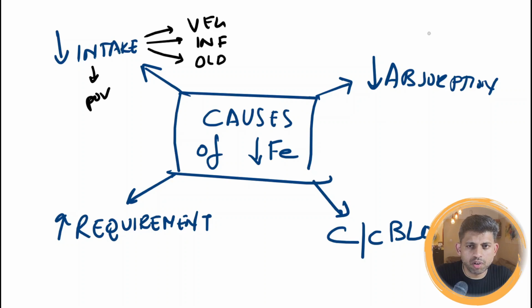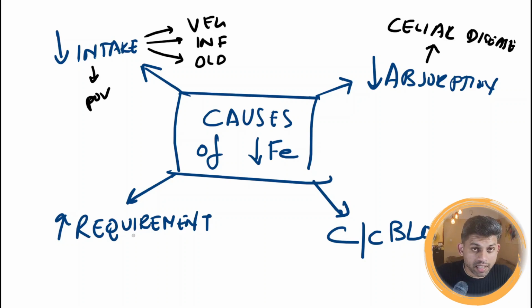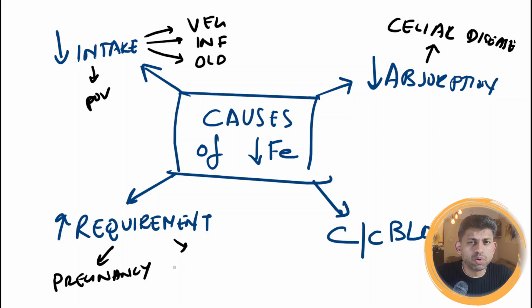Decreased absorption of iron may be seen in conditions which affect the duodenum like celiac disease. Increased requirement of iron is seen mainly in pregnancy or due to growth phases like in teens.